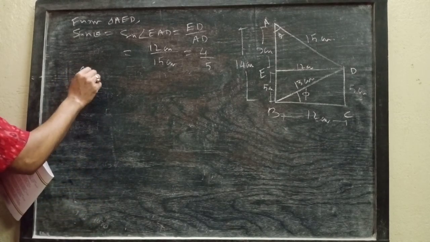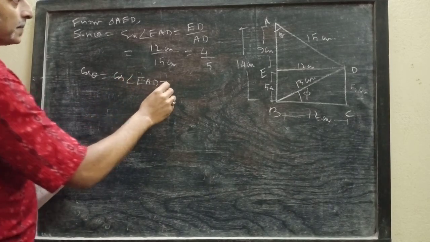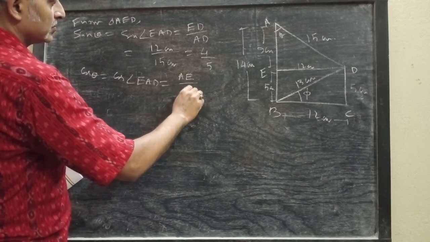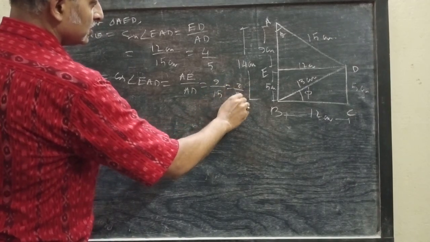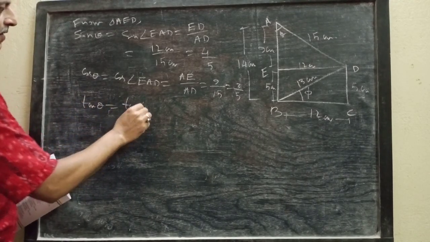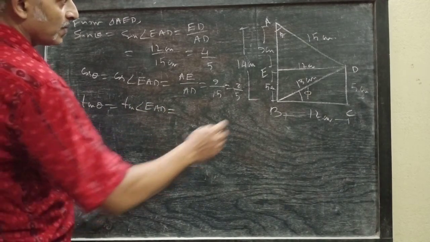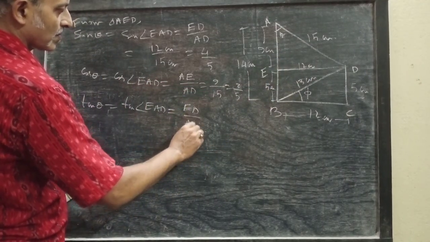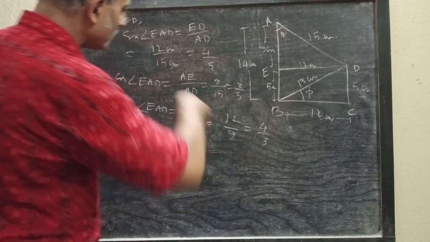Next, cos theta, cos of angle EAD. This will be AE by AD. 9 by 15. So this is 3 by 5. Next, tan theta, tan of angle EAD. This is P by B, that is ED by AE, 12 by 9, that is 4 by 3.